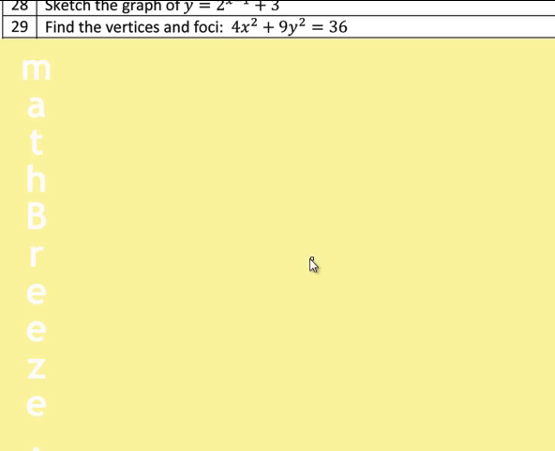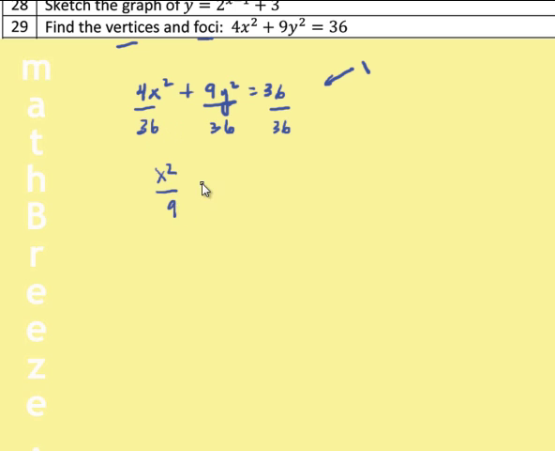In 29, we want the vertices and the foci of this ellipse. So let's start by putting this in standard form. Standard form requires 1 on the right-hand side, so we're going to divide both sides by 36. So here we have x squared over 9, and here we have y squared over 4 equals 1.